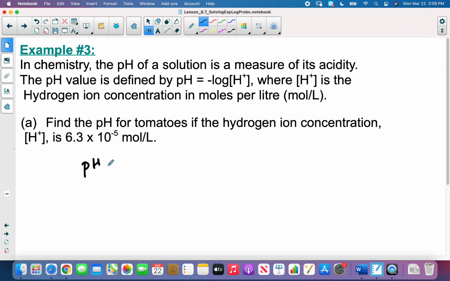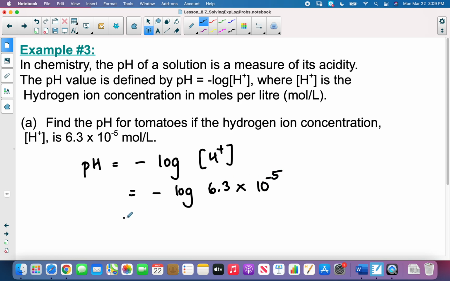So pH is negative logarithm to the base 10 of hydrogen ion concentration. For tomatoes, the concentration is given as 6.3 times 10 to the power of negative 5. So it's minus of log 6.3 times 10 to the power of minus 5.